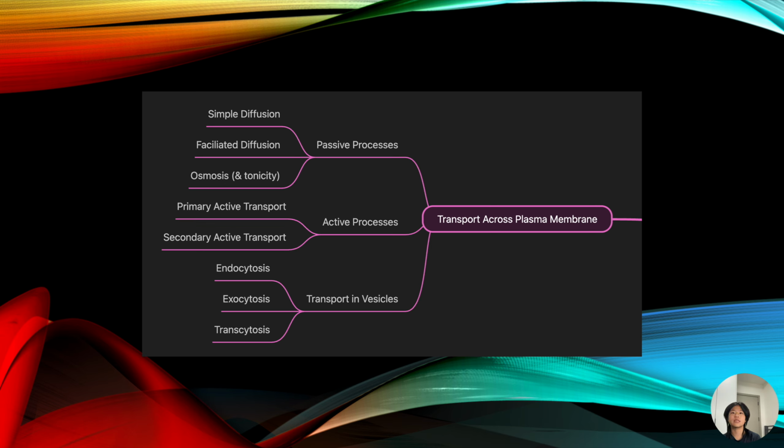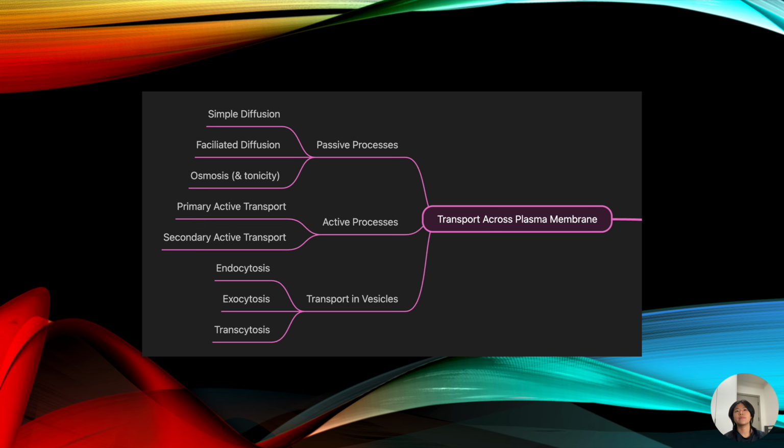Then we have facilitated diffusion. This is when the solute is too polar or too charged or too large to move through by simple diffusion. And it is helped by a protein through a process called passive diffusion.